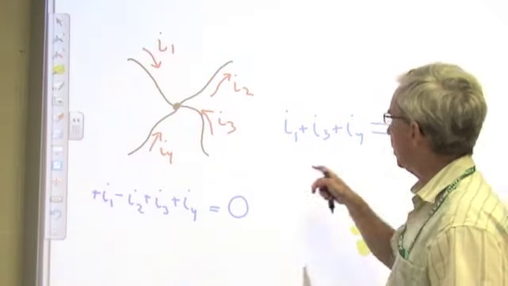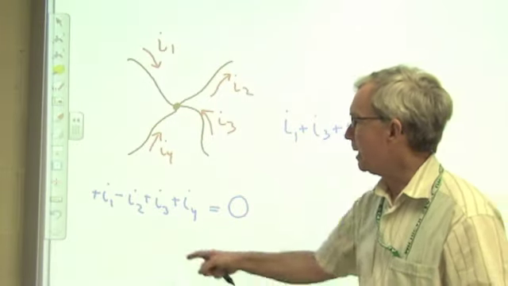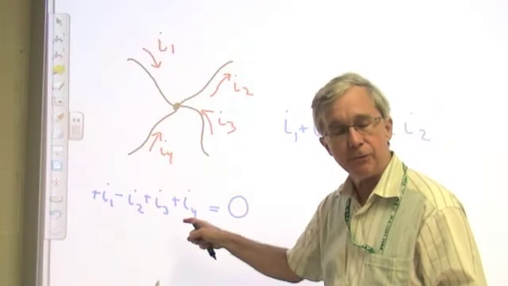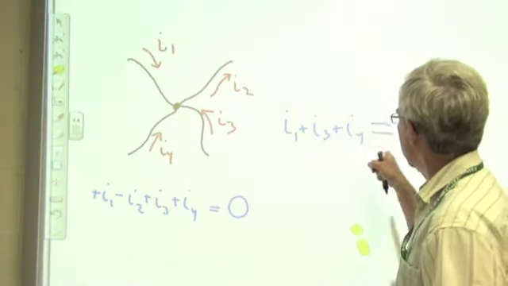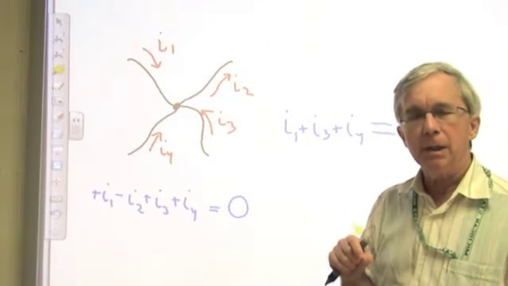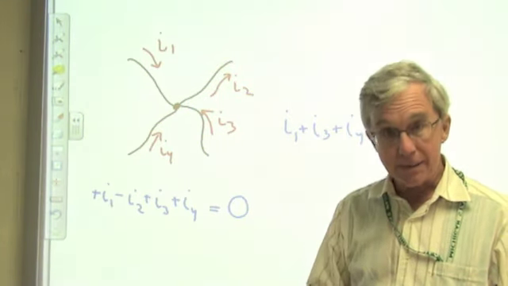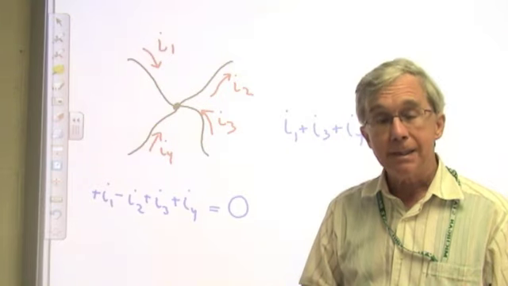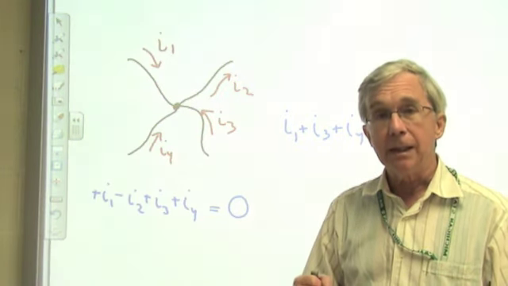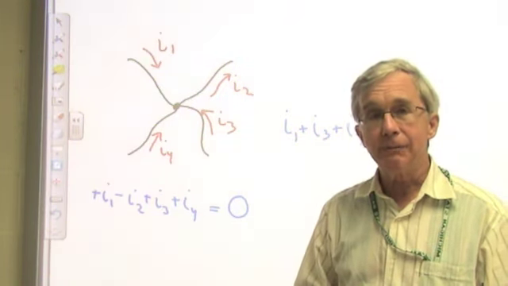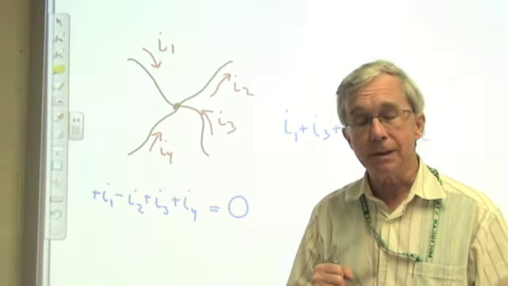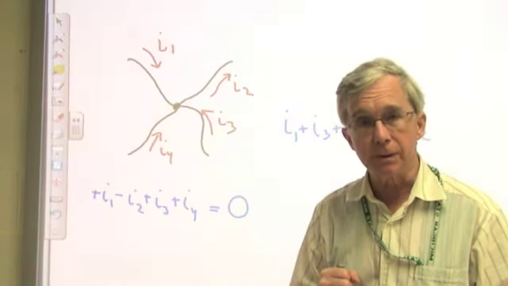Now these two equations are algebraically the same. You could add I2 to both sides of this first equation and we get the second equation. But adopt a method to systematically write down KCL at a node, and that would give you one important set of connection constraints, one important set of equations that we need to solve circuits.